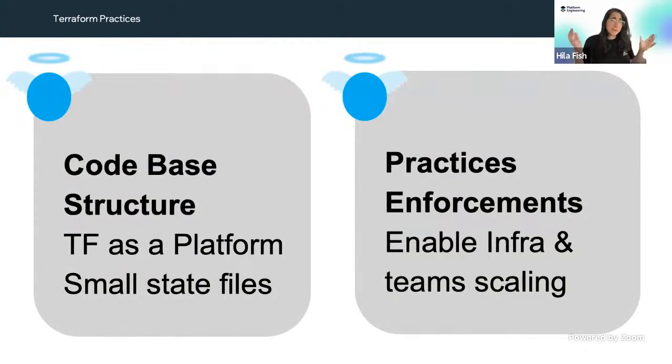So basically, these are the key takeaways that I want you to take out of this presentation. I hope that it's big enough. If not, I will make it bigger next time. So code-base structure to set it up correctly, to have Terraform as a platform, and small state files.